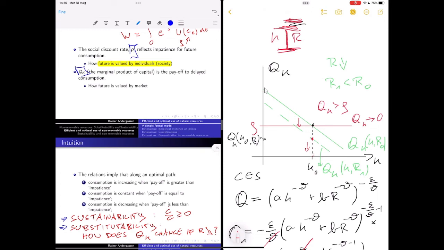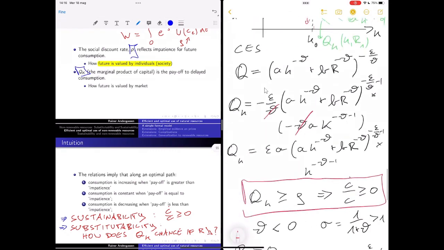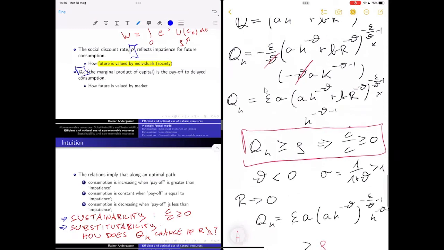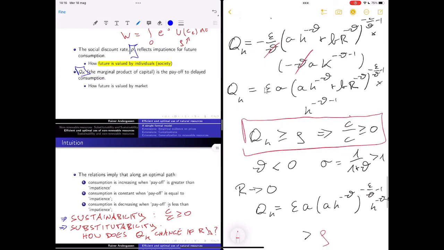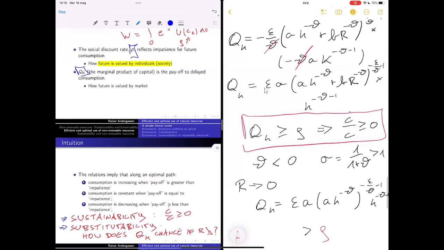Therefore this condition is violated, and sustainability is no longer socially optimal. But if the degree of substitutability is sufficiently large, this does not happen, as I've shown in this example. Is it clear?